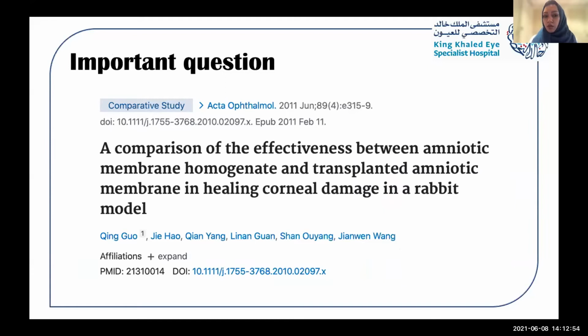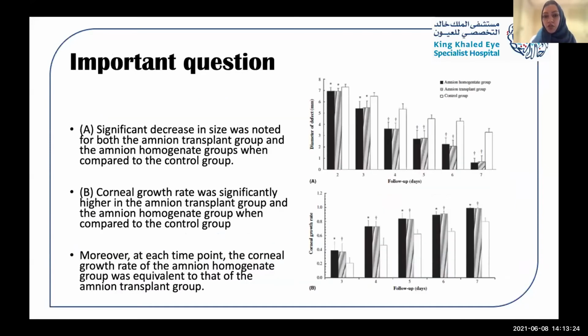Now we go to important questions about every drop. Which is better, the drops or the amniotic membrane? We found a comparative study done in 2011, where they got rabbit eyes. They performed an 8 mm epithelial defect, and then divided them into a group that received the amniotic membrane transplant and the other that received the drops.